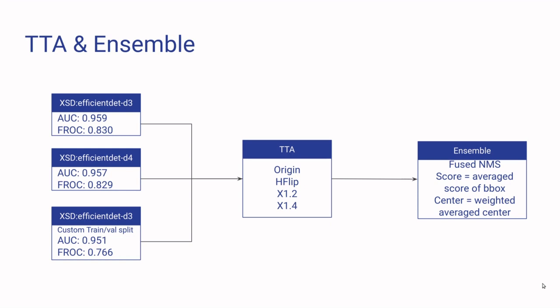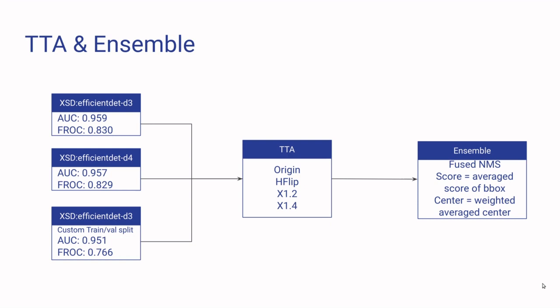And finally, there are 12 submissions ensembled together by a modified version of NMS, which not only does the suppression but also averages the merged bounding boxes and the centers.